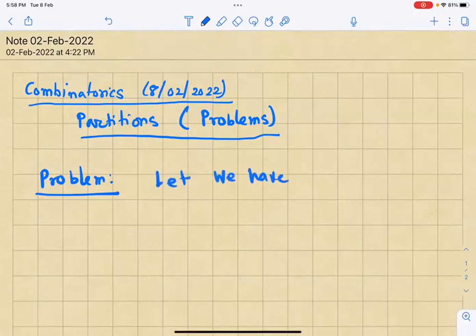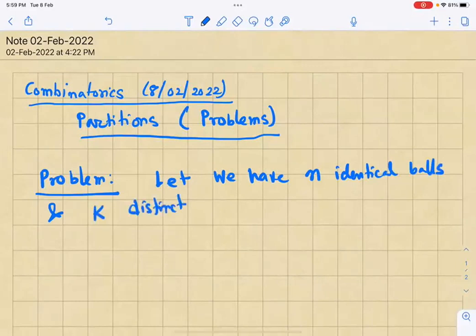We have n identical balls and k distinct boxes.